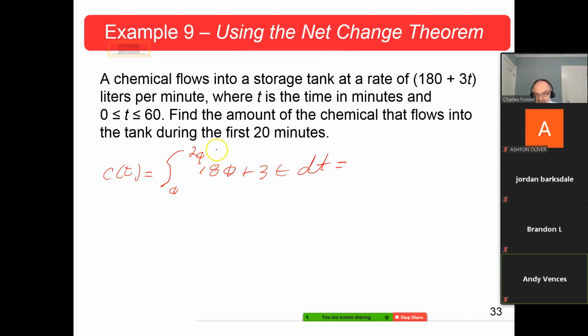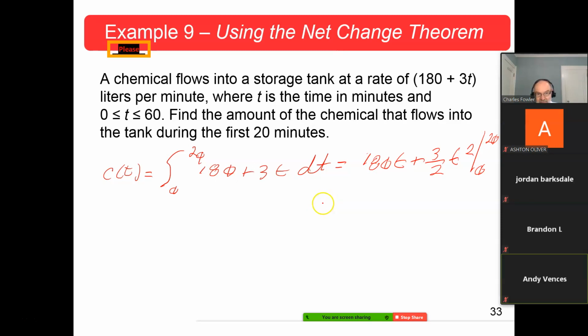The antiderivative of 180 is 180t, plus the antiderivative of 3t is 3/2 t squared, right? That's what we evaluate from 0 to 20 because we're dealing in minutes here.